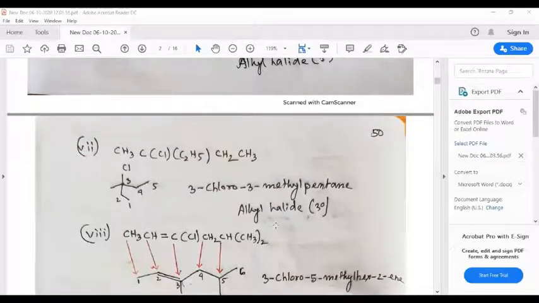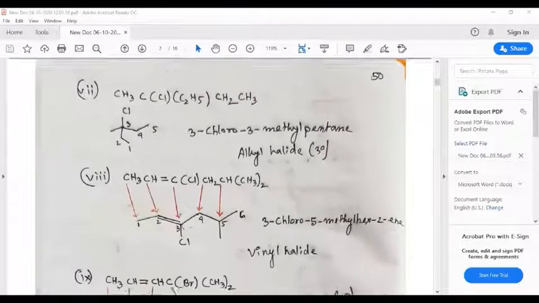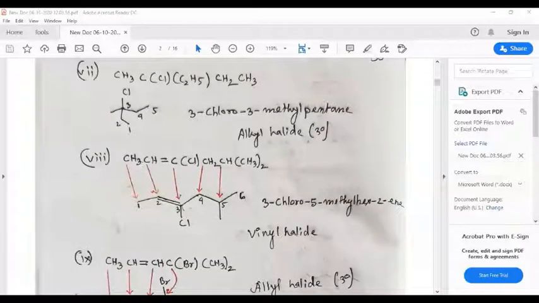Next, 8. CH3 CH double bond C Cl CH2 CH CH3 whole twice. So this CH3 is this CH3, CH is this CH double bond C. To this carbon is attached chlorine. Then CH2 CH.